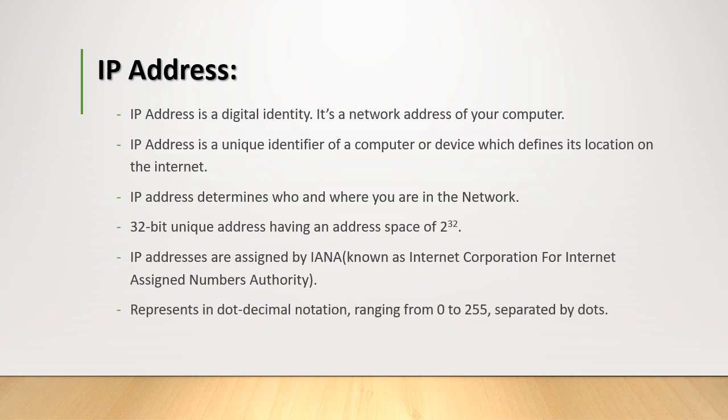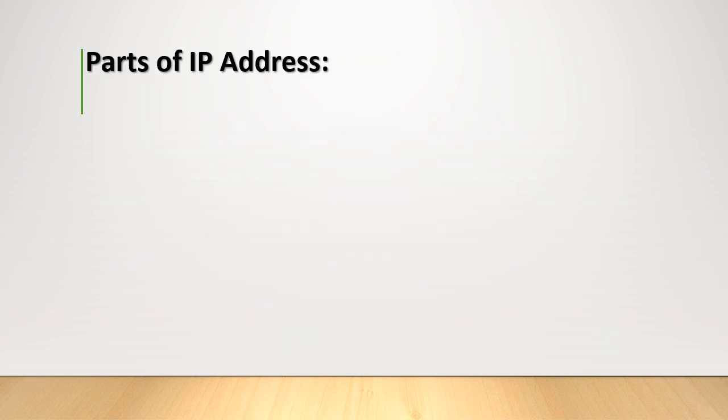It is represented in dot decimal notation. The range of IP is 0 to 255, shown in the form of 0.0.0.0 to 255.255.255.255.